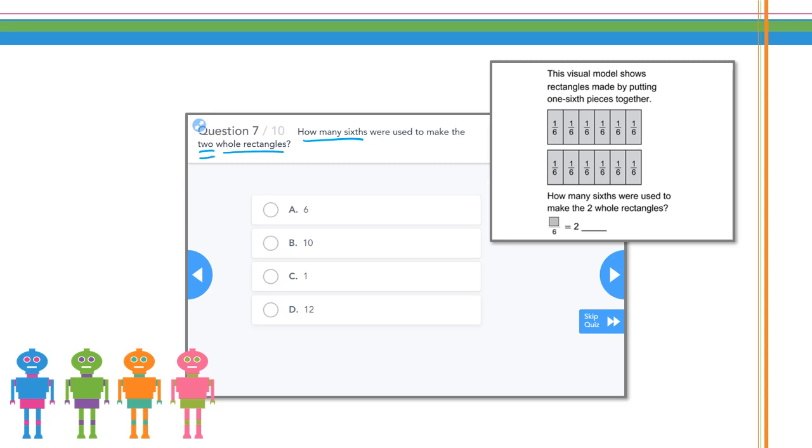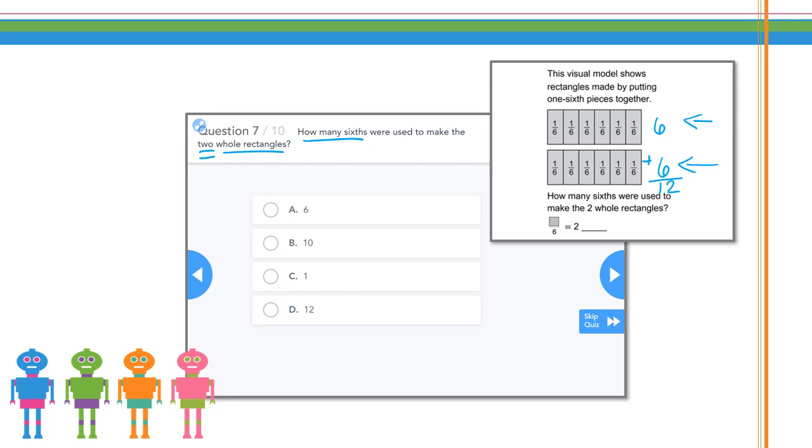If we look at our model, we see our first rectangle and our second rectangle. If I'm talking about 6ths, then I need 6 of them to make 1 whole rectangle, and then for another rectangle, I need another 6 parts. So 6 parts plus 6 parts is 12 parts.